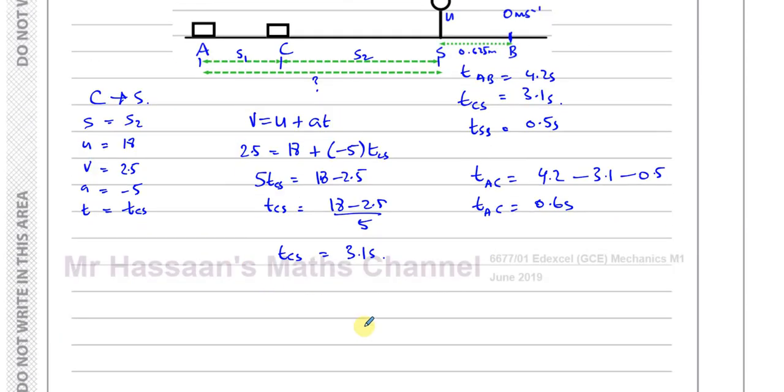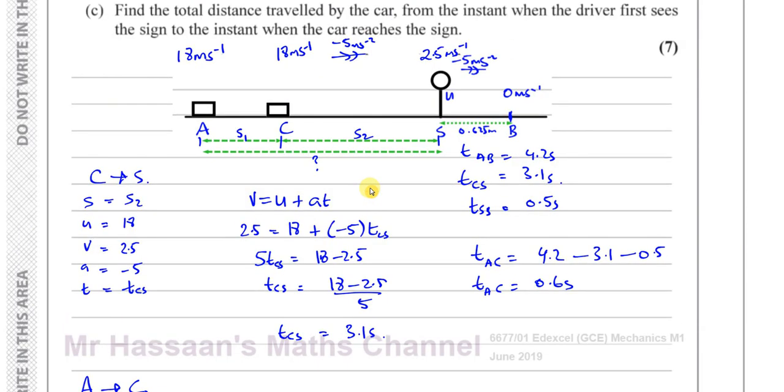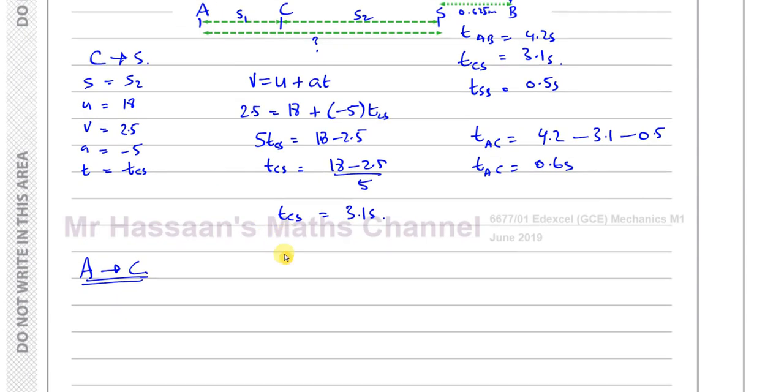All right, so now let's consider between A and C. We have constant speed, so the acceleration is equal to 0. That's 18, that's 18. So that's pretty simple for us to work out. If it's got constant speed, we know speed equals distance over time, so we can work out the distance.